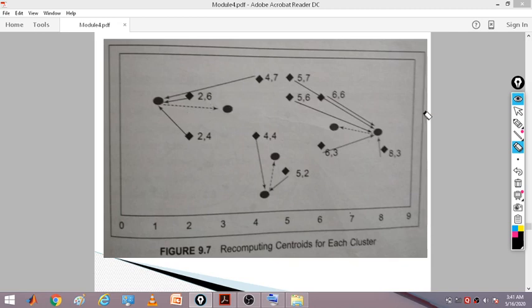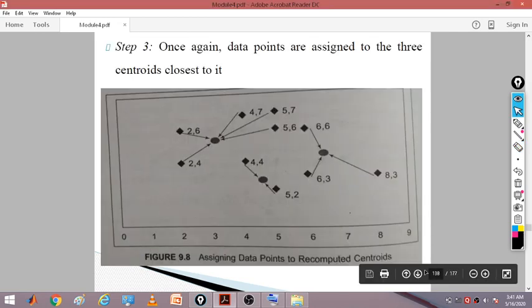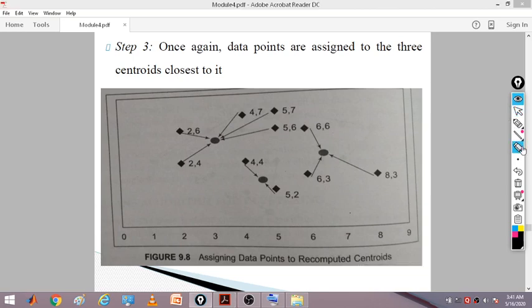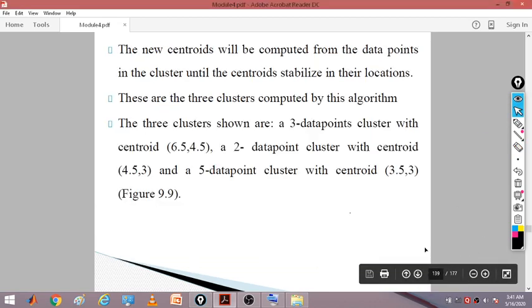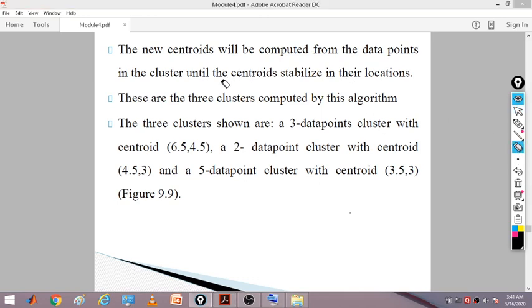Likewise we have modified it. Then once again data points are assigned, so again all the arrow marks are converted to the new centroid point we have calculated. The new centroid will be computed from the data points in the cluster until the centroid stabilizes in its location.